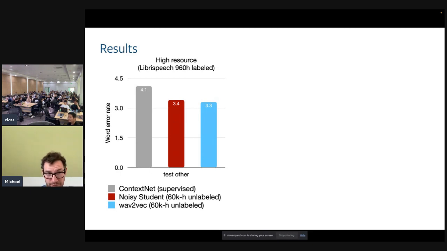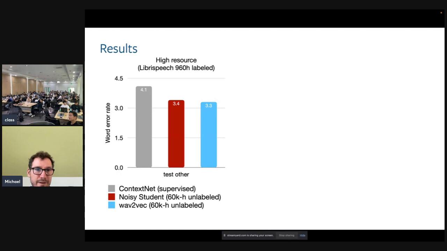We contrasted that to our model, which used these 60,000 hours differently, by simply doing the pre-training that I described in the previous slides, and then fine-tuning that model on the 960 hours of labeled data.